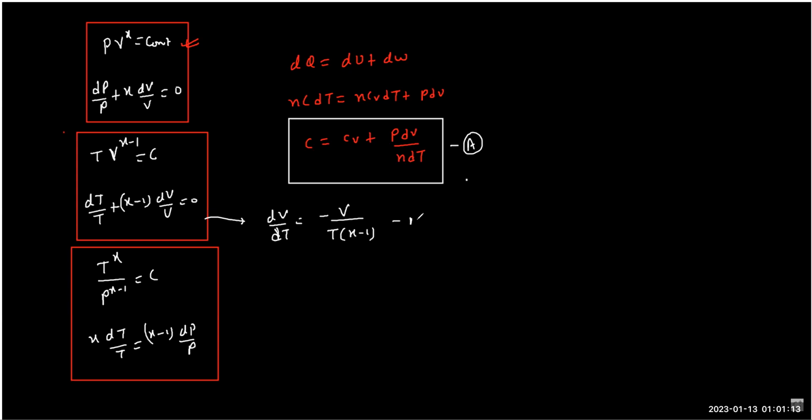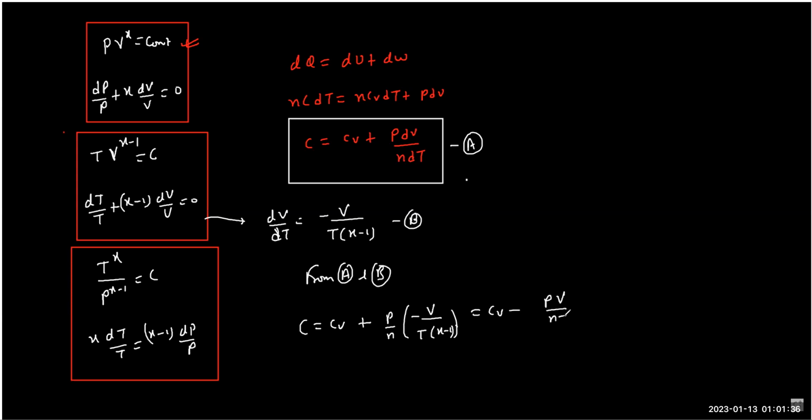And now this is the equation B. So (P/n) dV/dT is how much? Minus V by... And if you look carefully, it is going to be really interesting.